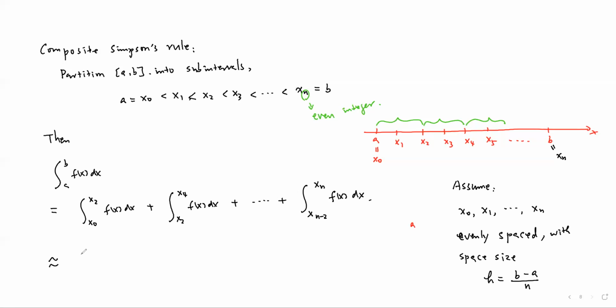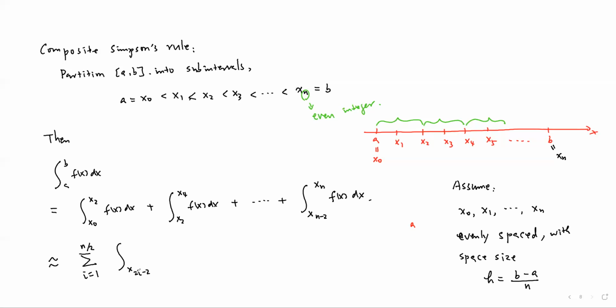Okay, so let me write this sum in sigma notation. Sigma notation is i from 1 to N over 2, integral from x(2i minus 2) to x(2i).